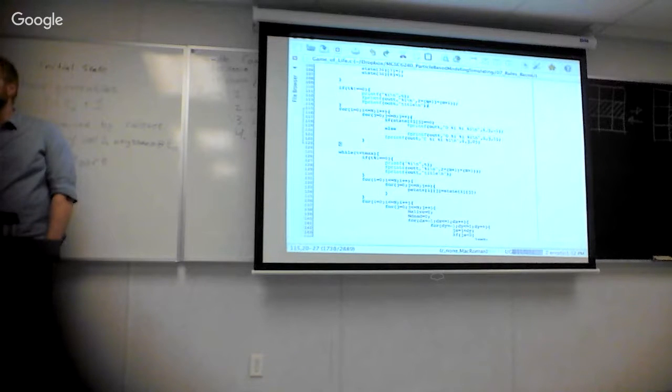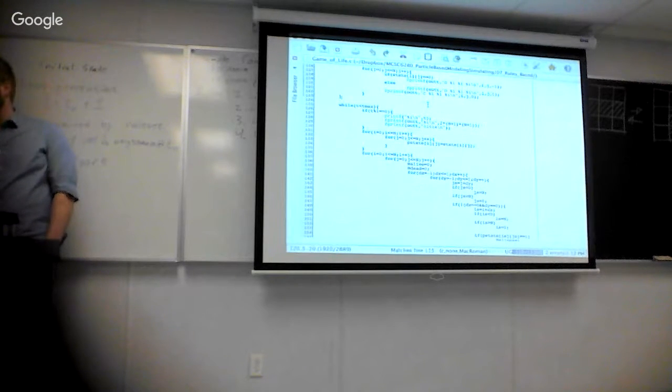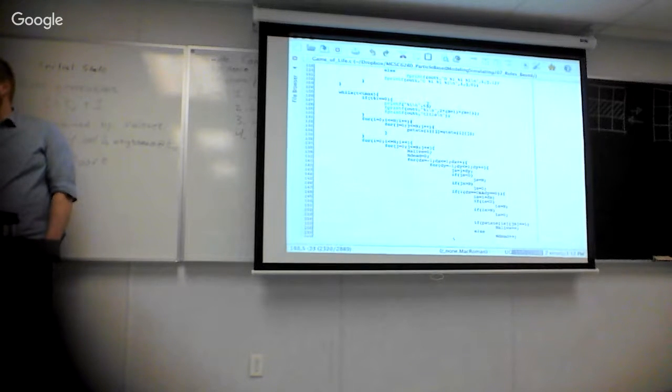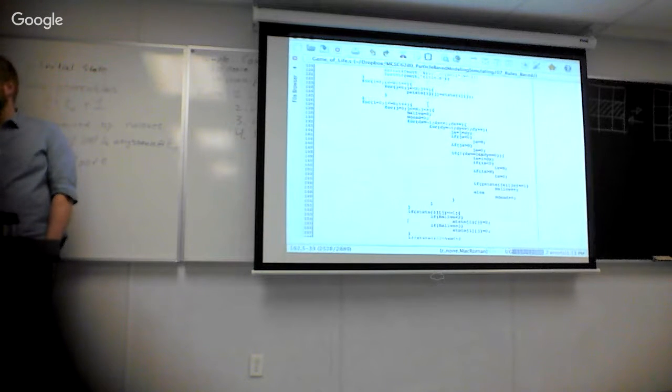I'm going to do 2D, so I obviously got to go over i and j. Here's my main loop, my t loop. The first thing I do is copy my state to a pstate, in other words, the previous state. And when I'm calculating the number of alive neighbors, I always refer to pstate.